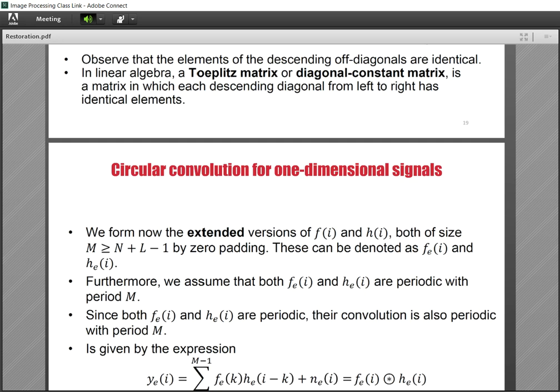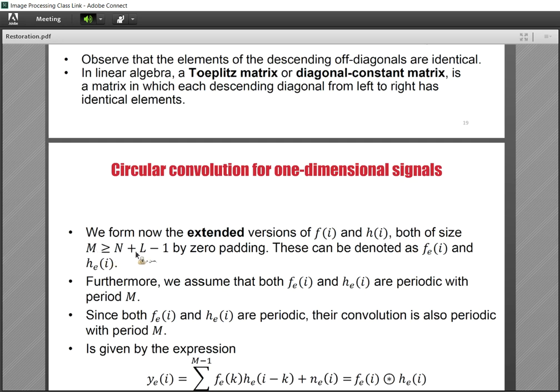That means you add at least 4 zeros to f, and 4 plus 5, at least 9 zeros, to h after the samples of h. This is the meaning of zero padding, adding some zeros after this chain of samples.